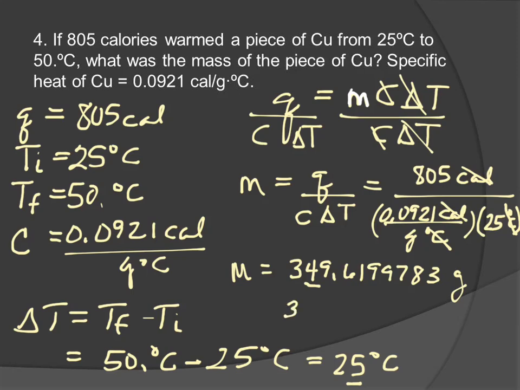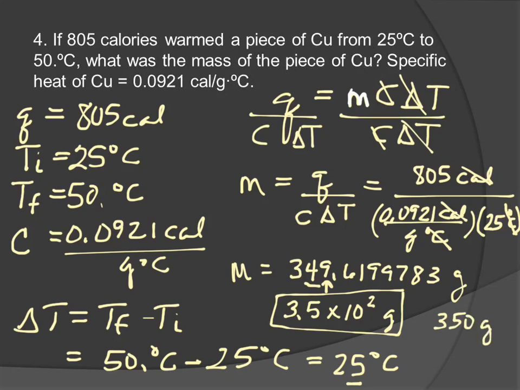So 3.5, because the 9 we're dropping rounds the 4 up to a 5. 3.5 times 10 to the 2 grams. That's the best way to give the answer. You could give it as 350 with no decimal point also. Any questions?